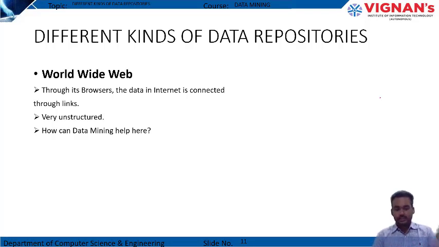So when you search for Apple, it sorts out all the records based on some sort of algorithm, and based on that algorithm you'll get search results related to Apple the fruit or Apple the mobile phone. That way your data mining can help you categorize things on the World Wide Web.